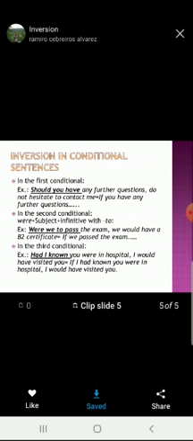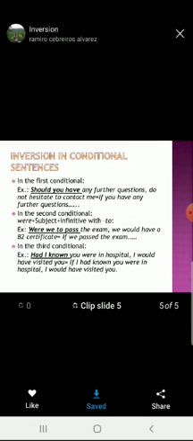Oke, kemudian yang third conditional, ini kalau pakai conditional, if I had known you were in hospital, I would have visited you. Ya, jadi kalau seandainya saja saya tahu kamu ada di rumah sakit, saya pasti akan mengunjungi kamu. Jadi ini kenyataannya tidak terjadi ya.